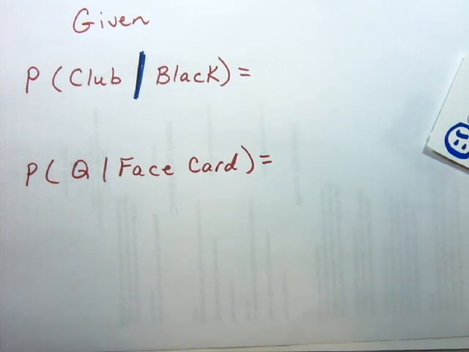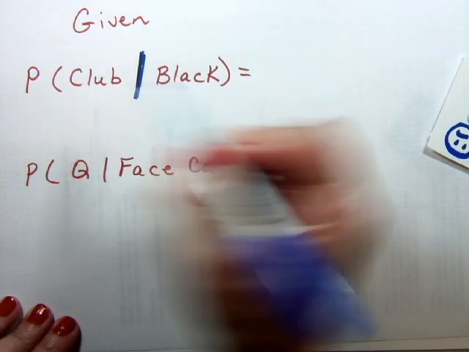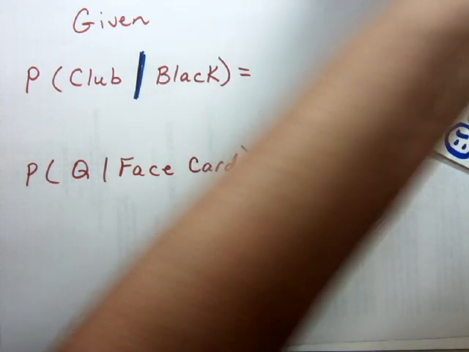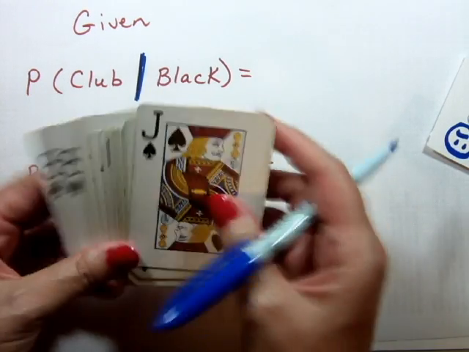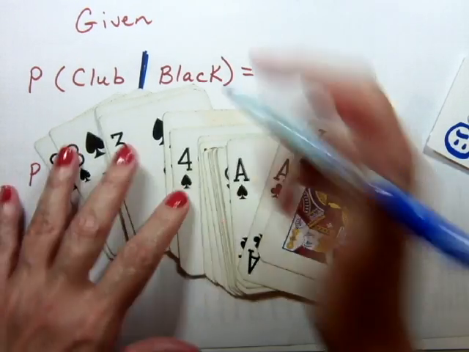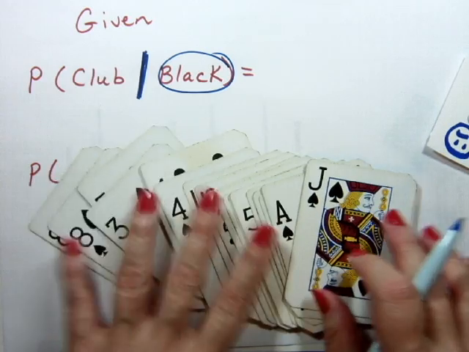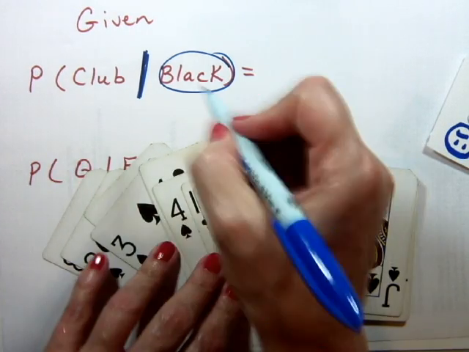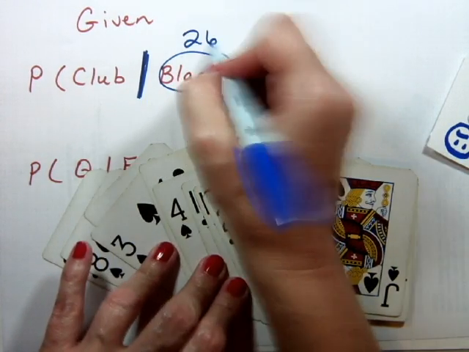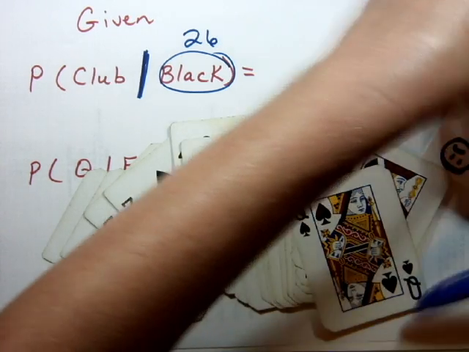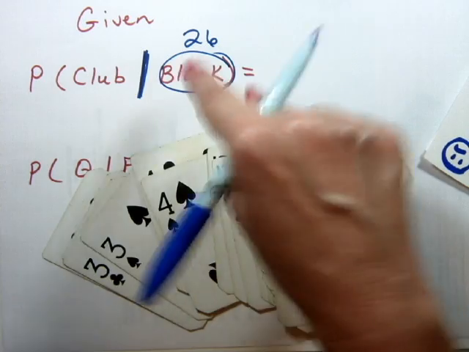This is a review. Probability that you get a club given that you were given a black card. Well, if I gave you a black card, I shrunk the sample space. Am I dealing from a 52 card deck anymore? Well, no, you got a black card. That means I know you got one of 26 cards. These 26 cards. You got one of these. You're sure it's black.